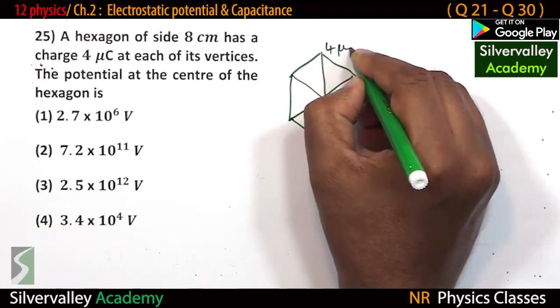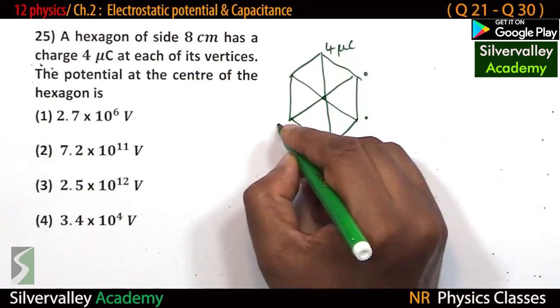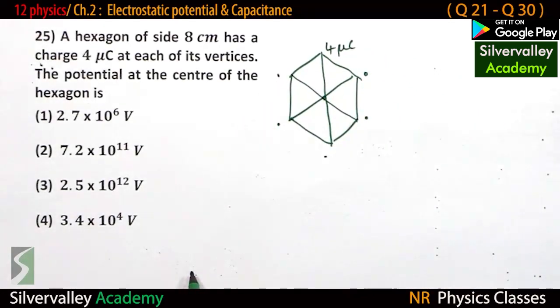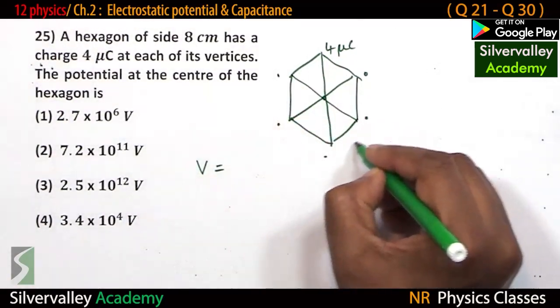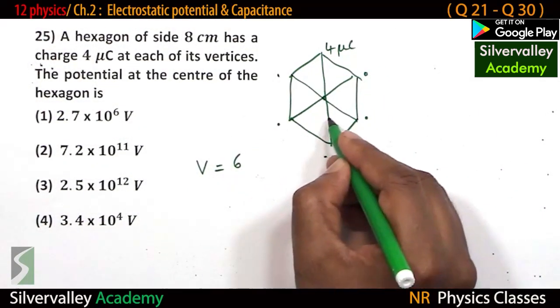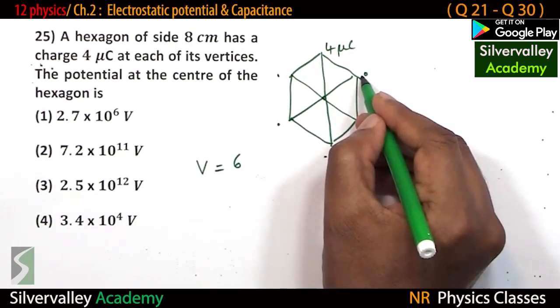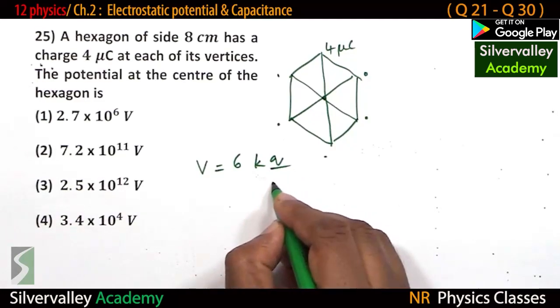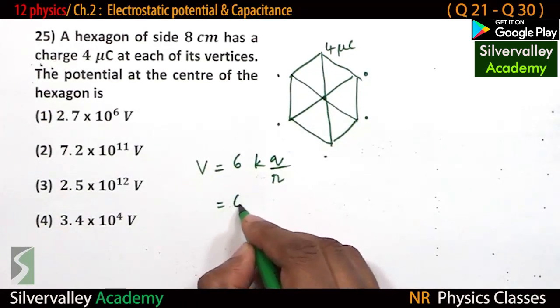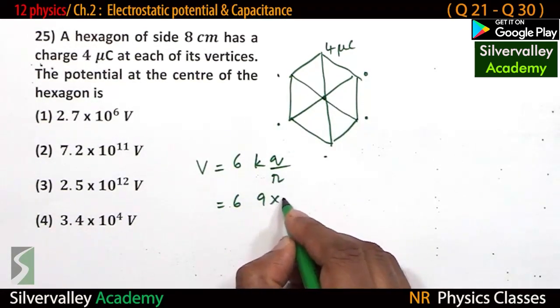So the total potential is 6 times the potential due to each charge. Potential due to each charge at this point is constant times Q by R. 6, constant is 9 × 10 power 9.